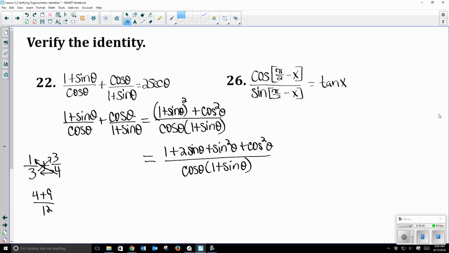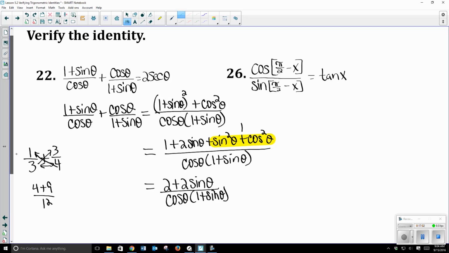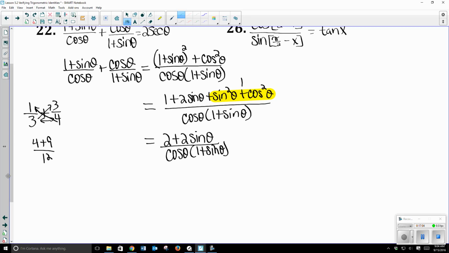Sine squared theta plus cosine squared theta is equal to 1. So this part equals 1. Then I have to add 1 and 1 and get 2 plus 2 sine theta over cosine theta times 1 plus sine theta. I'm going to factor out a 2.